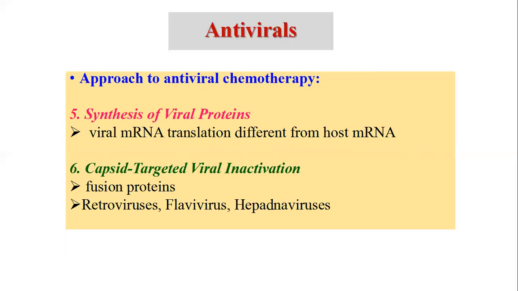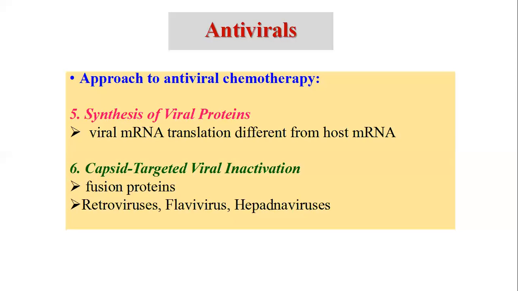And this translation is different from the host mRNA translation. So it is easy to target the viral mRNA, not the host mRNA. The antiviral drug will bind only with the viral mRNA and inhibit viral mRNA translation, not the host mRNA translation, so that it can block the synthesis of protein or polyprotein.